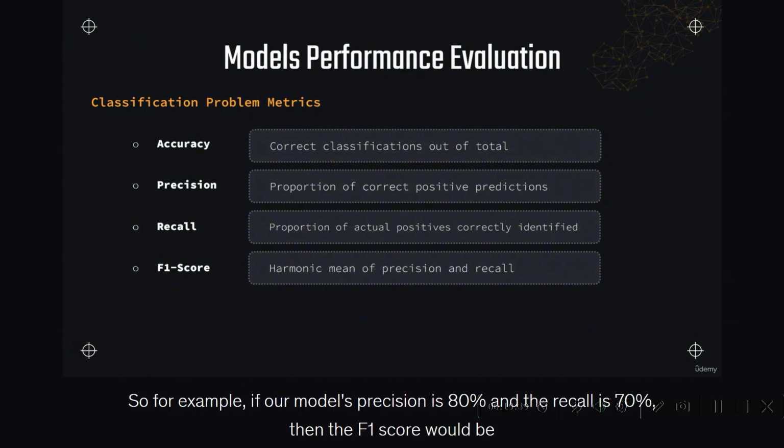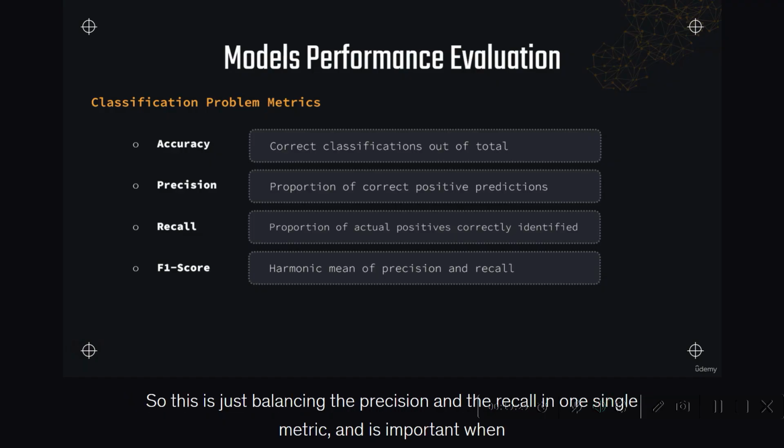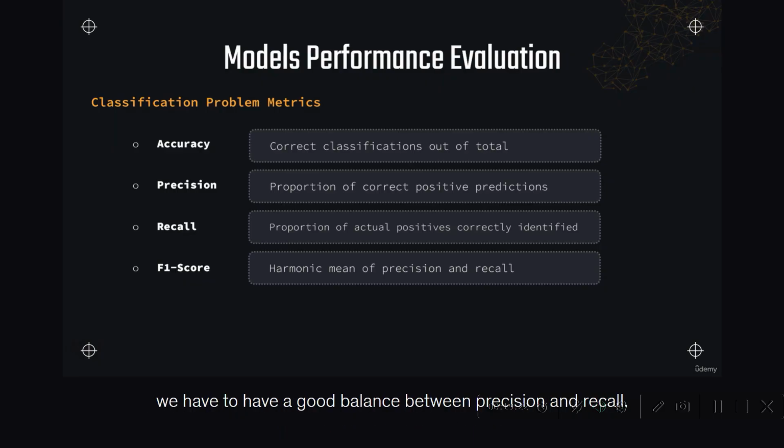For example, if our model's precision is 80% and the recall is 70%, then the F1 score would be around 74-75%. So this is just balancing the precision and the recall in one single metric, and is important when we have to have a good balance between precision and recall.